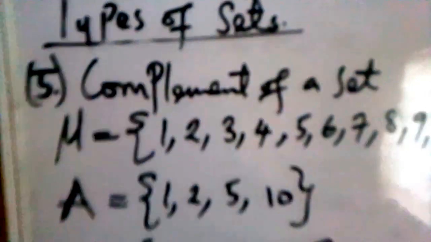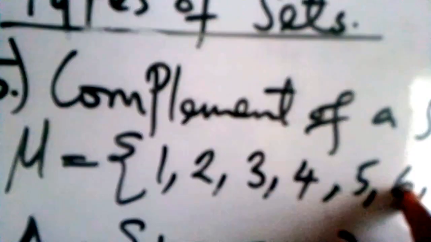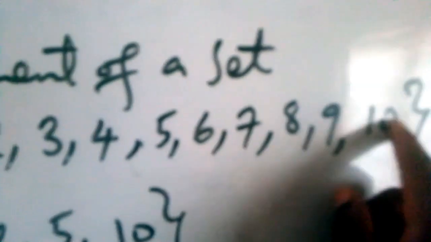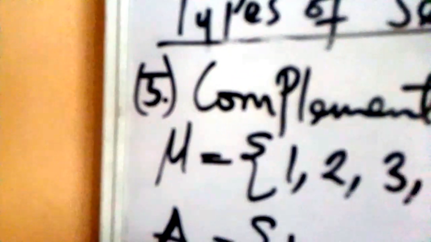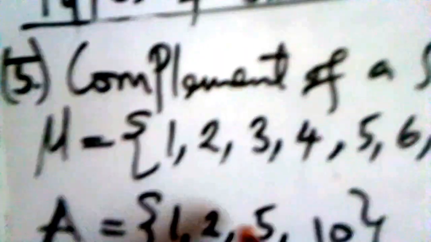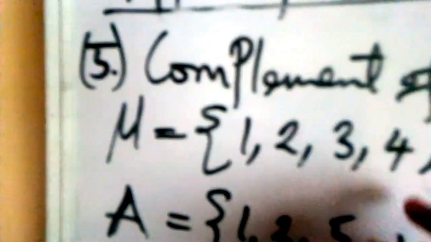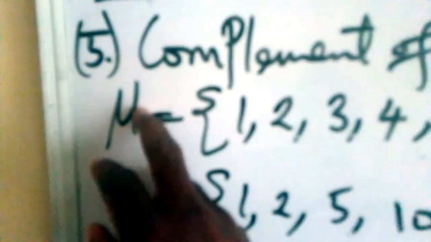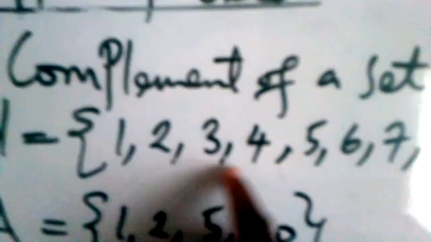There is a universal set, and the elements of this universal set are 1, 2, 3, 4, 5, 6, 7, 8, 9, 10. And A is also a set of 1, 2, 5, 10, four elements in set A. Set A happens to be a subset of the universal set, because all the elements in A are in the universal set.